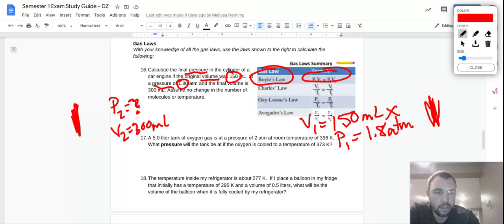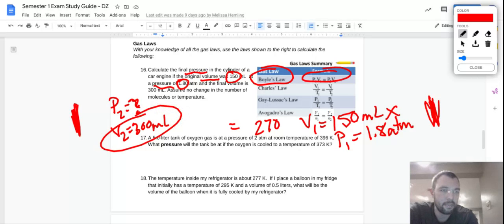So I'm going to do 150 times 1.8, and that's going to equal 270. Then I'm going to divide by my one number over here, and that gets me 0.9 for my pressure.